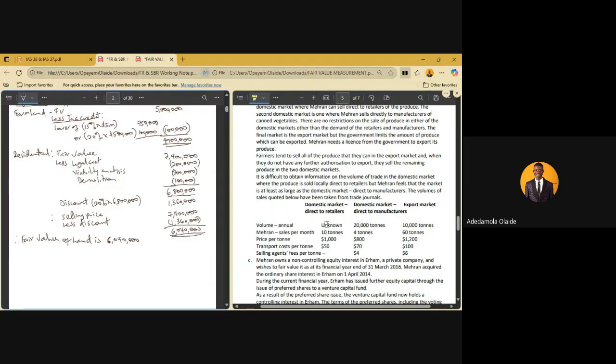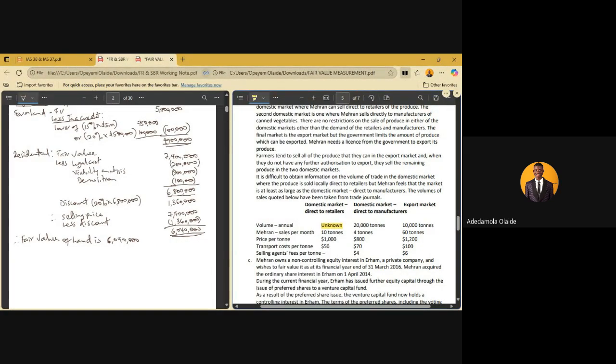So the first thing we have to determine here is that they did not tell us what they sold. They told us that it's difficult to obtain information on trade in the domestic market where the product is sold locally directly to retailers. They don't know what the volume here is. But they are saying that they feel that the market is at least as large as the domestic market direct to manufacturers, that is, the volume will be the same.